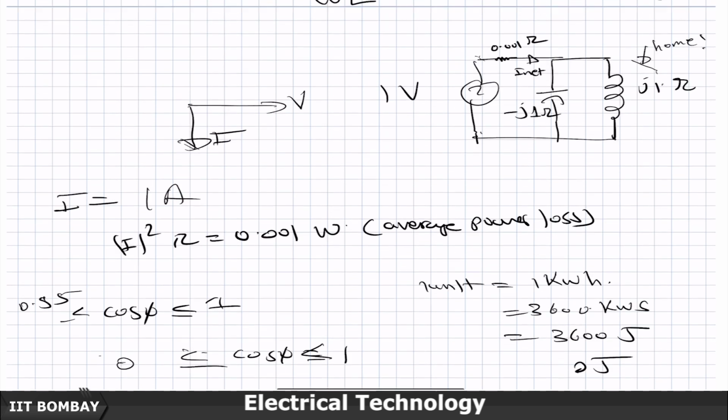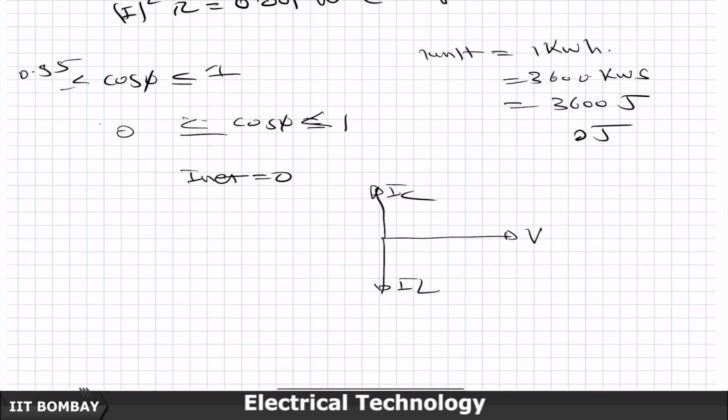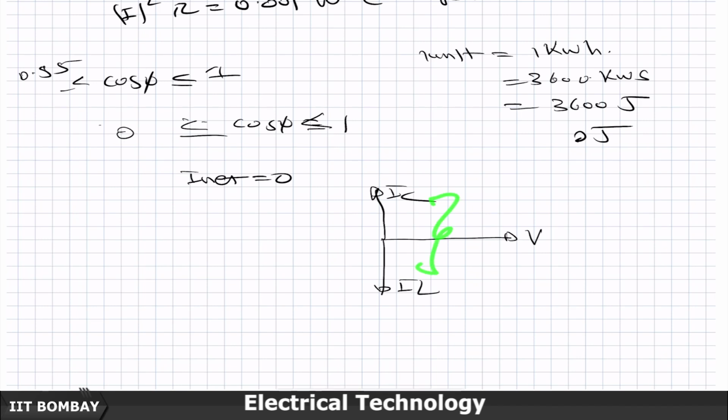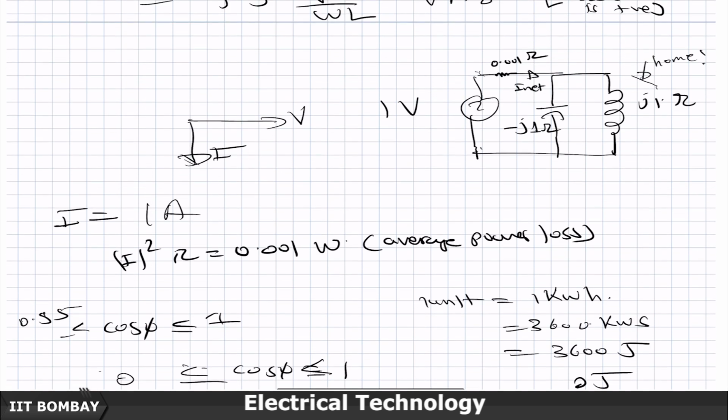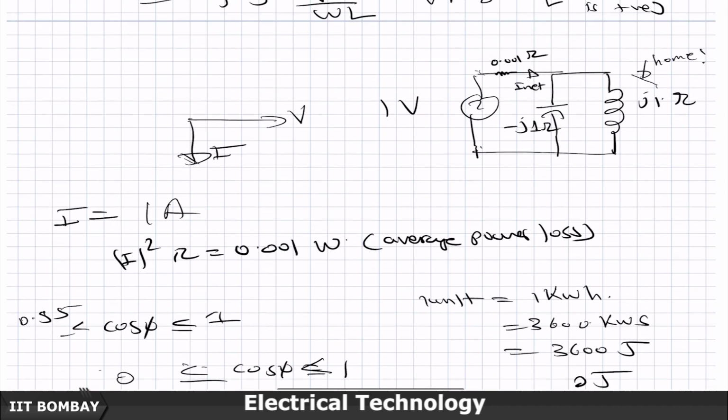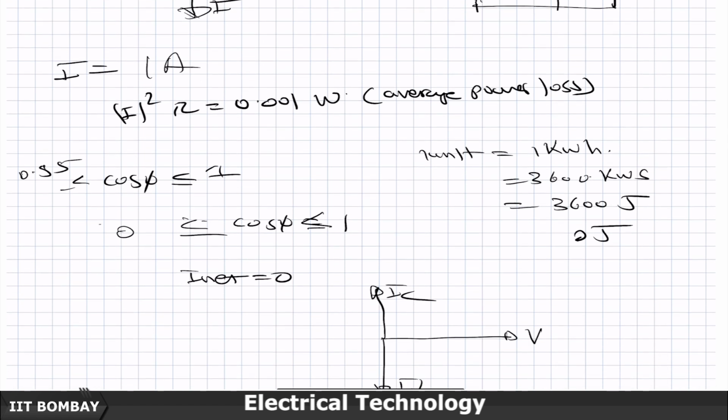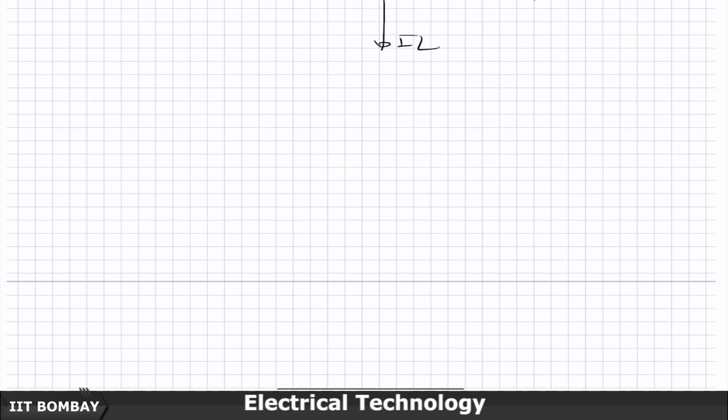But because they are in phase opposition, this is not quadrature, they tend to cancel, and effectively nothing gets drawn from the source. So obviously this loss of 0.001 watts is not going to happen, and so everything is going to work out fine.